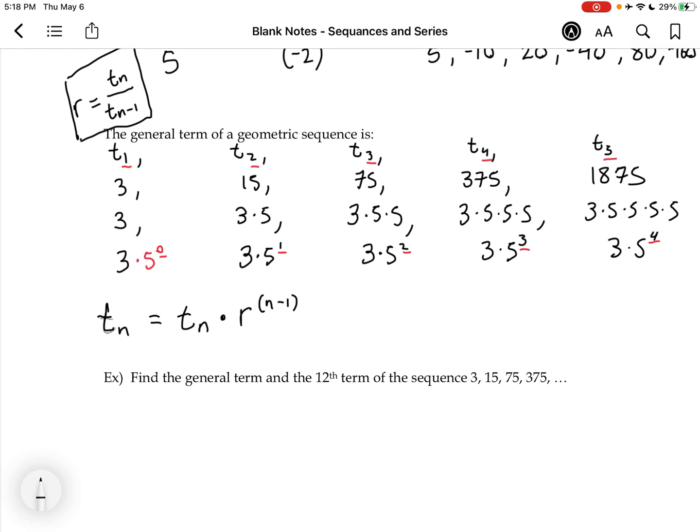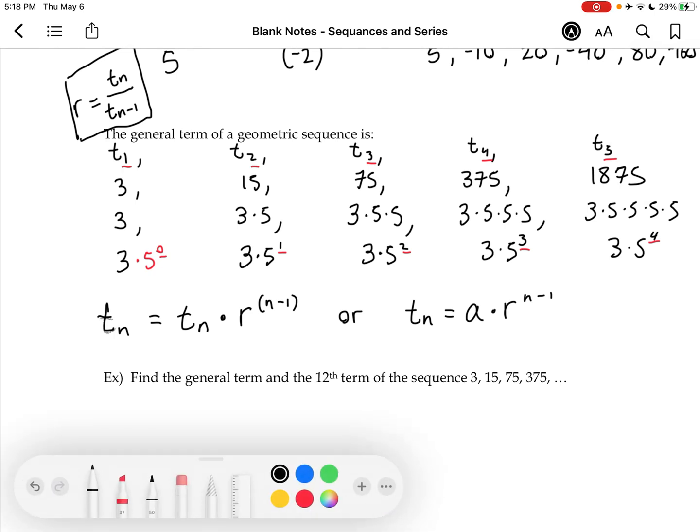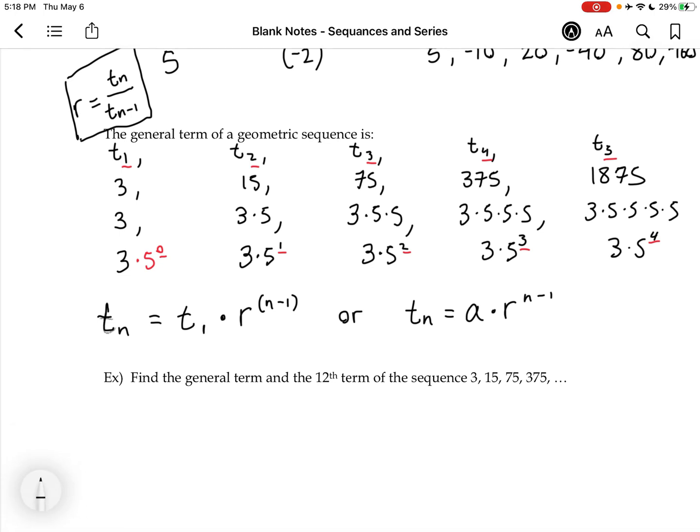Okay, or sometimes it's written this way, where A is written instead of... sorry, I messed up here. Not Tn, T1. T1 times r to the n minus 1, or instead of T1, we replace that with A times r to the n minus 1, and any of those are fine.